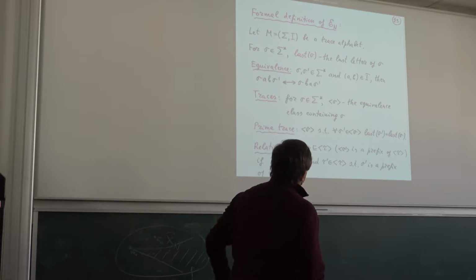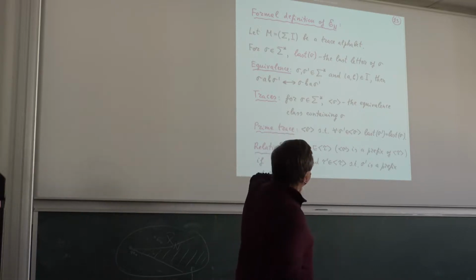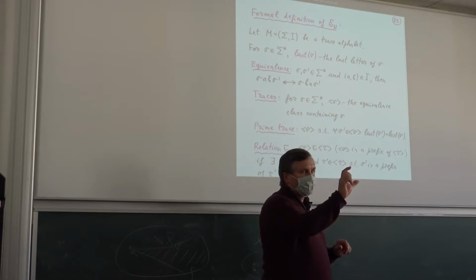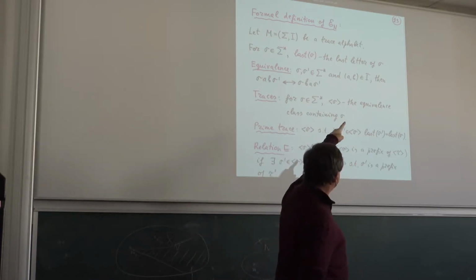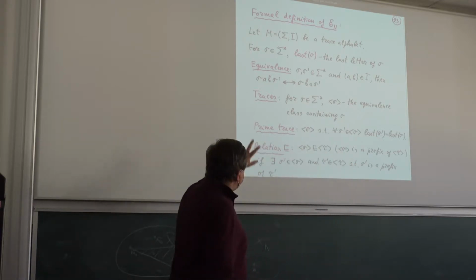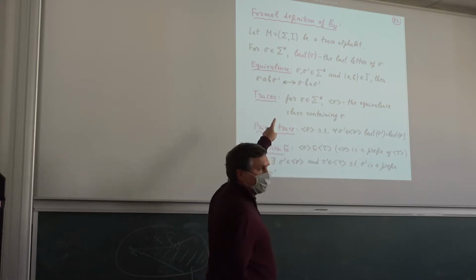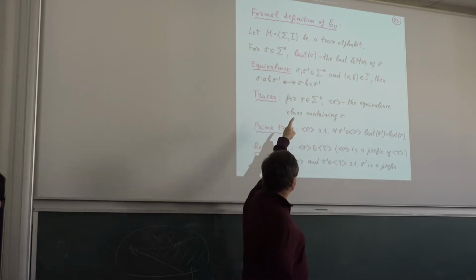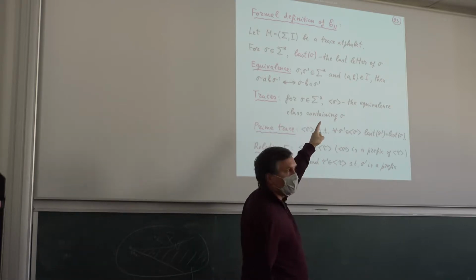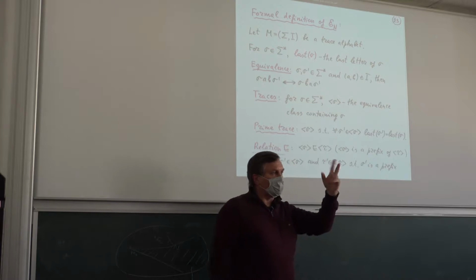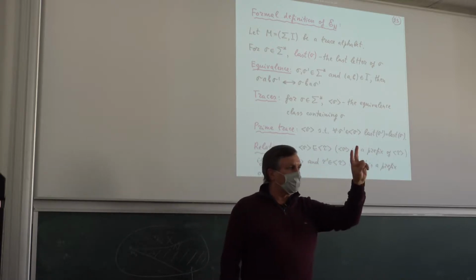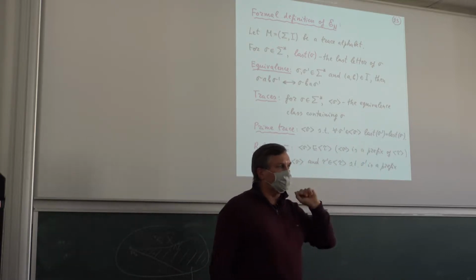Namely, if you have two words, sigma and sigma prime, and you have a pair of letters A, B in the independence relation I, then the words sigma A B sigma prime are equivalent with the word sigma B A sigma prime. This means that A and B commute, the independence relation, that I can exchange, yeah?